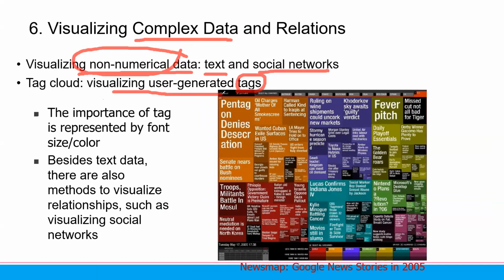So Twitter has a daily visualization of the most popular text. The importance of the tag is represented by font size or color. Besides text data, there are also methods to visualize relationships, such as visualizing the social network.